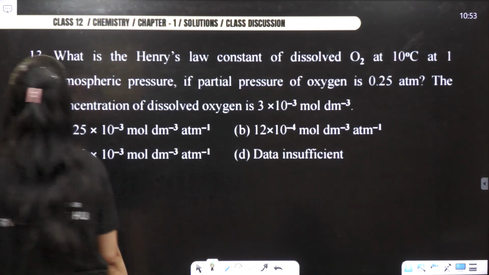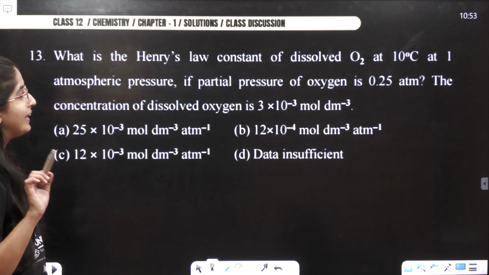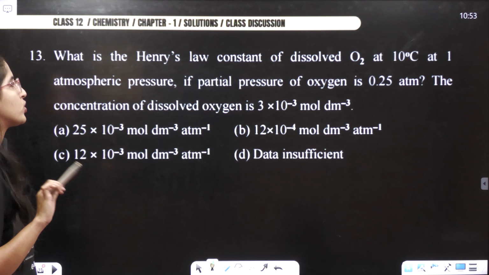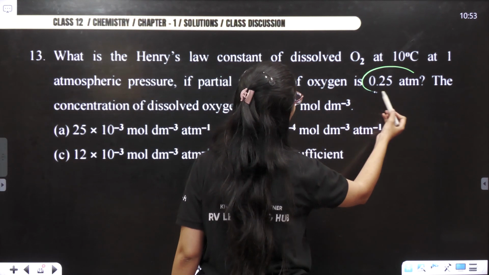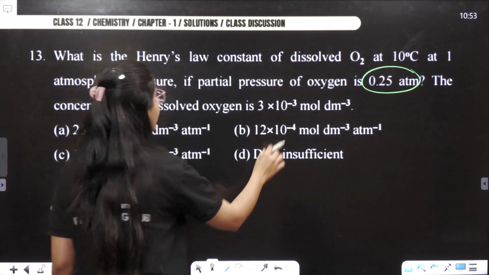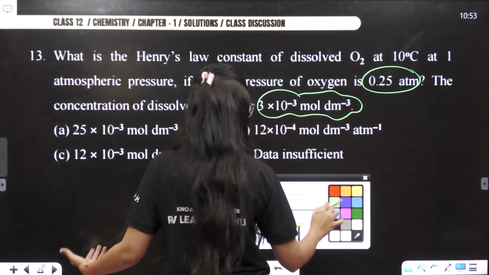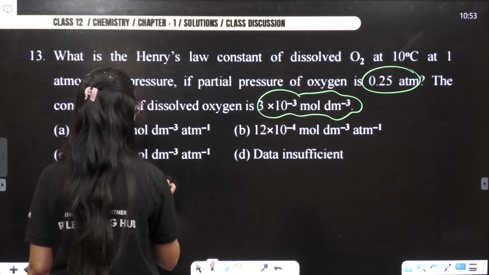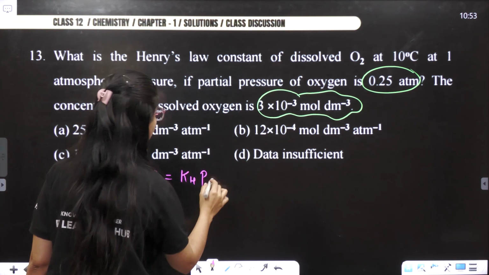Next question. What is the Henry's law constant of dissolved oxygen at 10 degrees Celsius at 1 atmospheric pressure if the partial pressure of oxygen is 0.25 atmosphere? The concentration of dissolved oxygen is 3 into 10 raised to minus 3 mole per dm cube. So how will you calculate solubility? Solubility is nothing but Kh into partial pressure. Here oxygen is given.